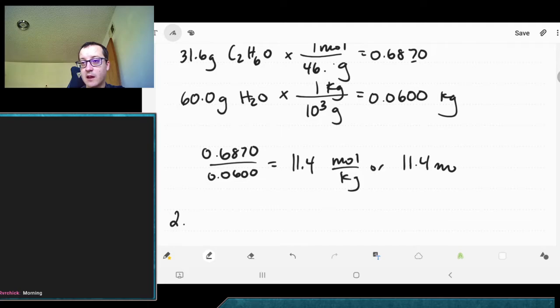Number 2 asks us to, where did I just put this exam? There it is. What's the freezing point? So essentially during this sort of exam, whenever I gave this, I would have constants on the board. So you would find the KF for ethanol, which I'll just Google right now.